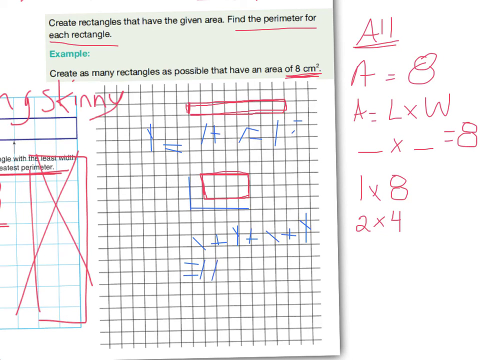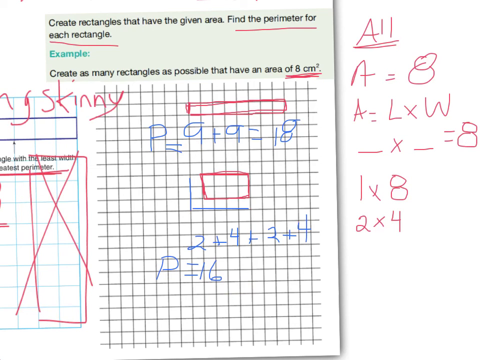So 16 would be our perimeter for this one. Does our long, skinny rectangle have the largest perimeter? Yes, it does. Does our more square-like rectangle, and of the 2, it is the most square-like, even though it's not overly squarish, have the smallest perimeter? Yes, it does.